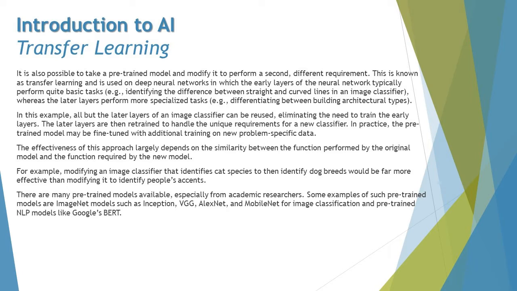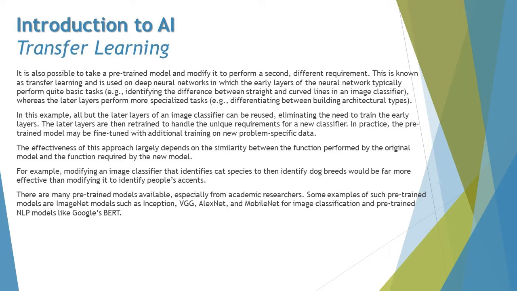Now, it is also possible to take a pre-trained model and modify it to perform a second, that is, different requirement. This is known as transfer learning, and it is used in deep neural networks in which the early layers of the neural network typically perform quite basic tasks.